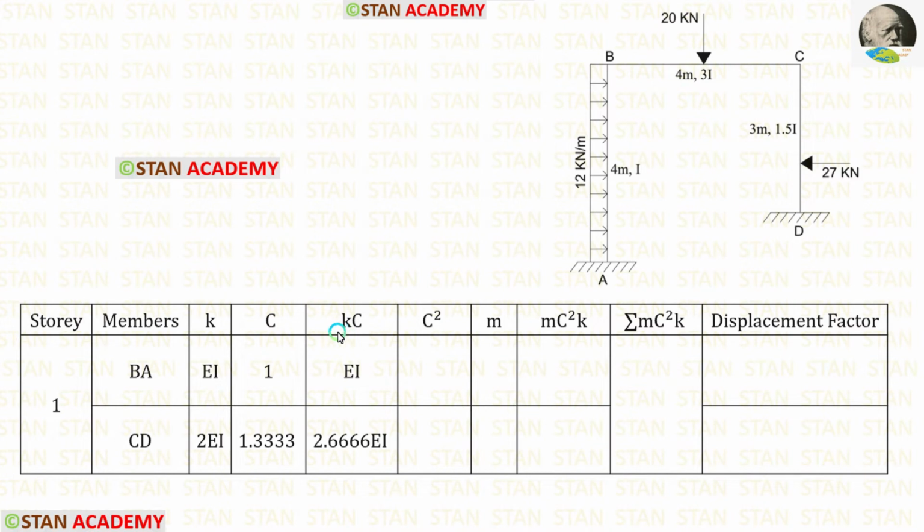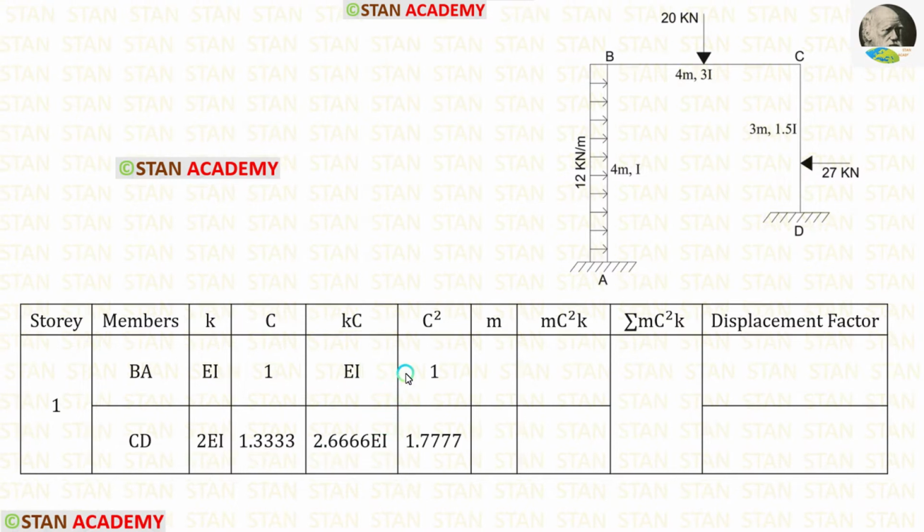Now let us find Kc. When we multiply these two values, we will get EI. When we multiply these two values, we will get these. Now let us find C square. When we square 1, we will get 1. When we square this value, we will get these.